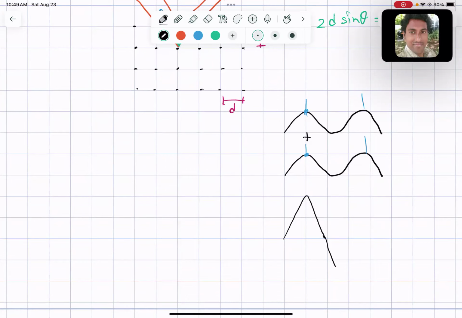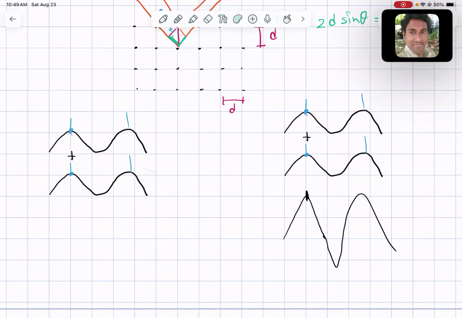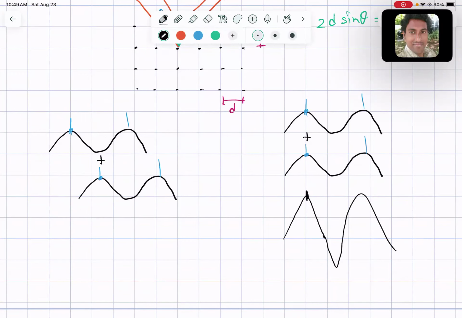So you get a peak if they're aligned, and if they're misaligned, like the maximum of one wave is aligned with the minimum of the other wave, then you get a destructive interference, basically a flat line.